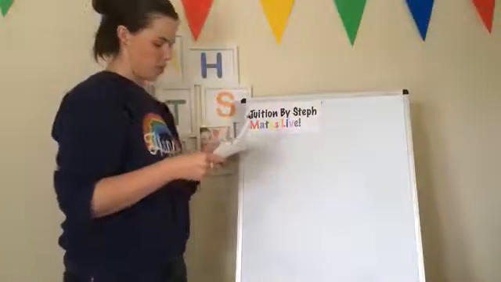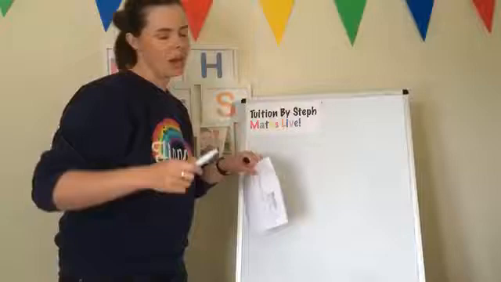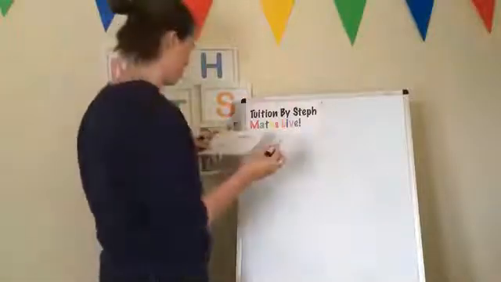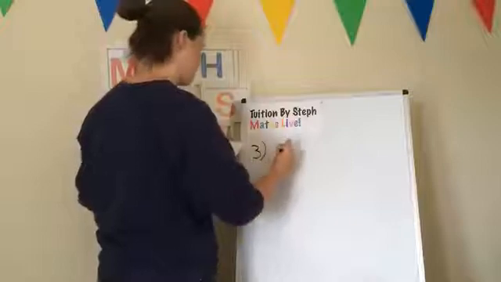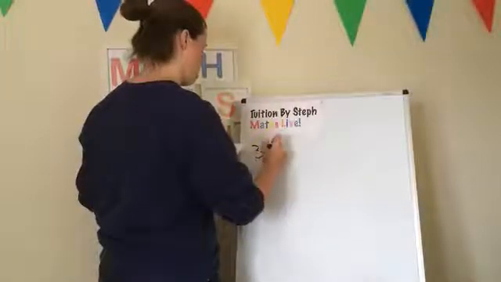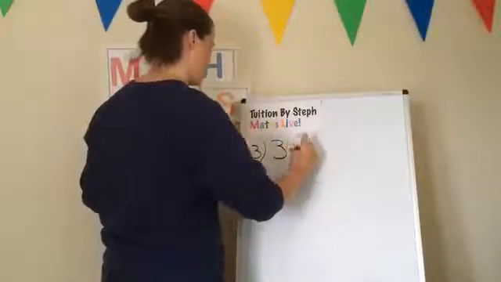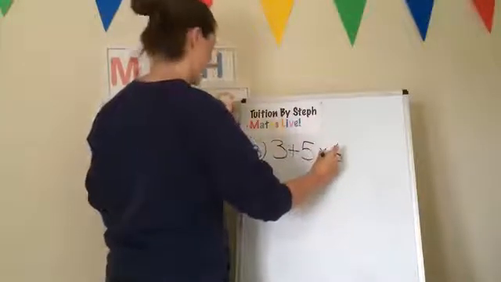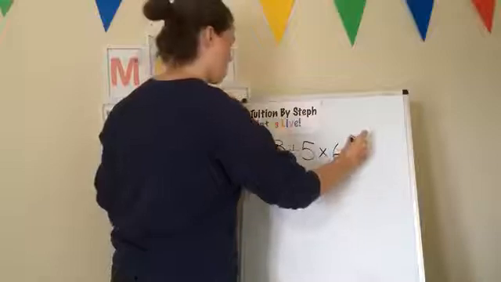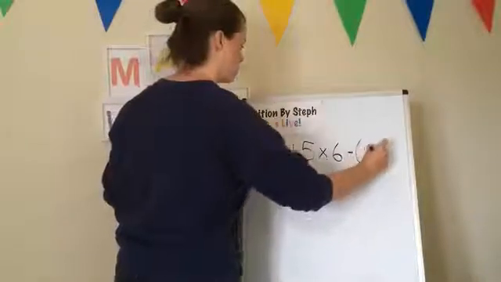Okay, I'm going to write 2 questions up now, and I'm going to have a look at the shout-outs because I've seen it's been quite busy. So question 3 is 3 plus 5 times by 6 take away 1 times 7.